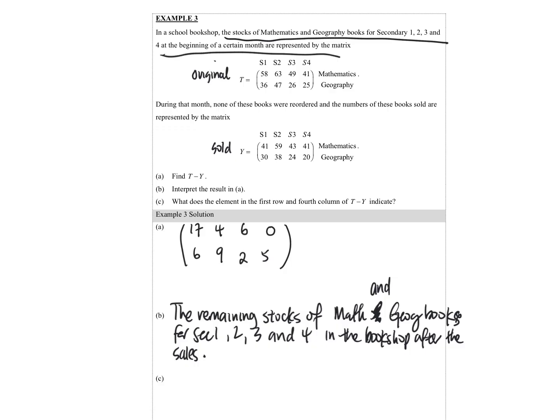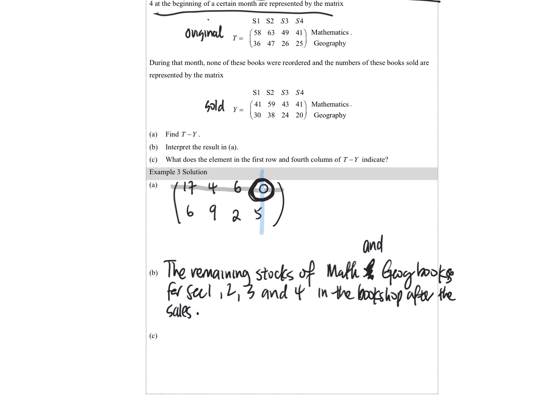Yeah, this one is just add and minus only. So they ask you, what does the element in the first row, and the fourth column represent? This one, what does this represent? Okay, so you can say that there are no more secondary 4 math textbooks left in the bookshop.